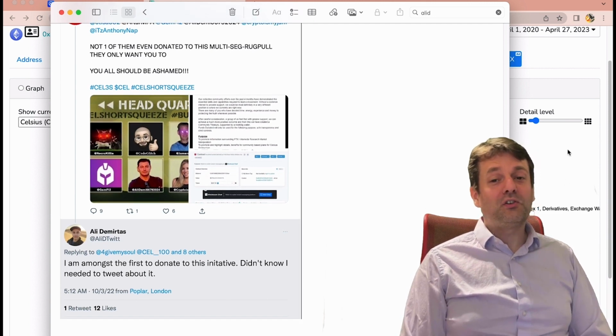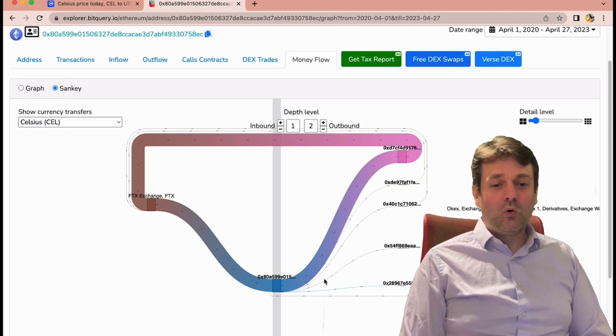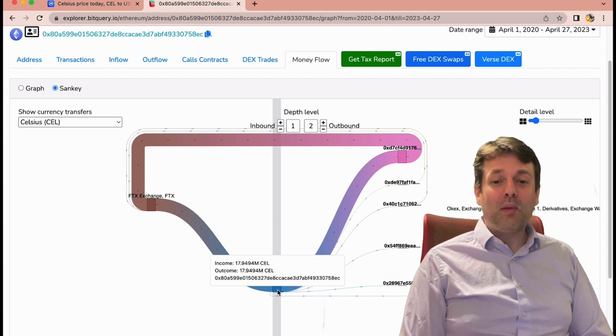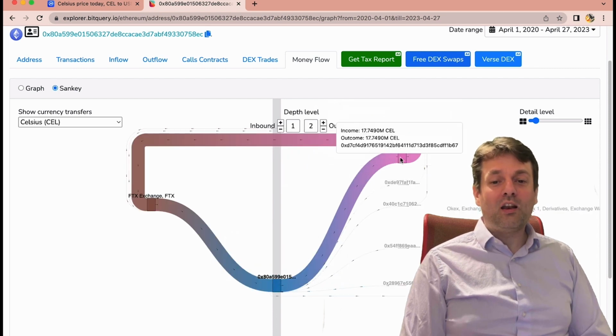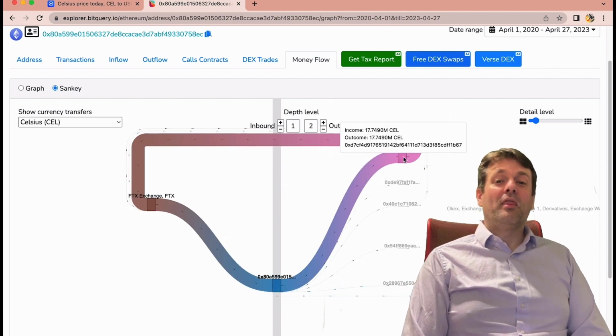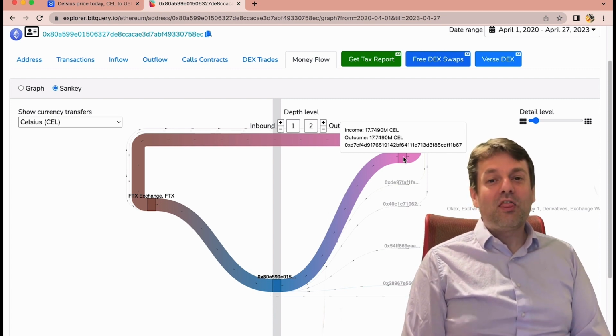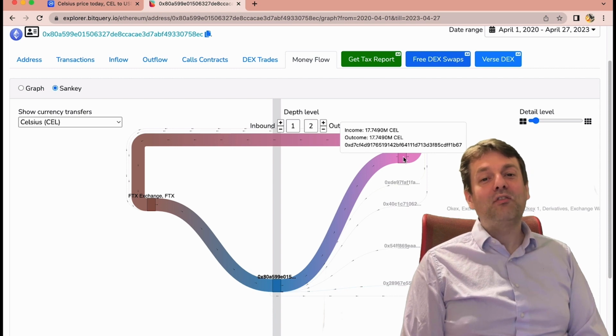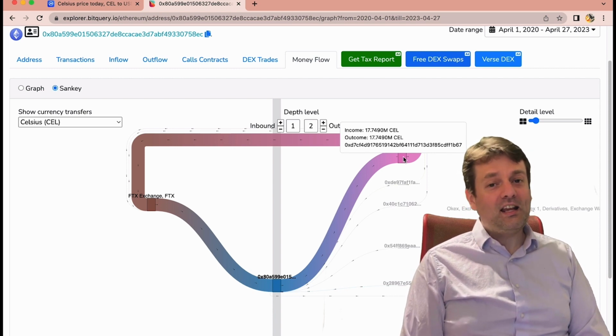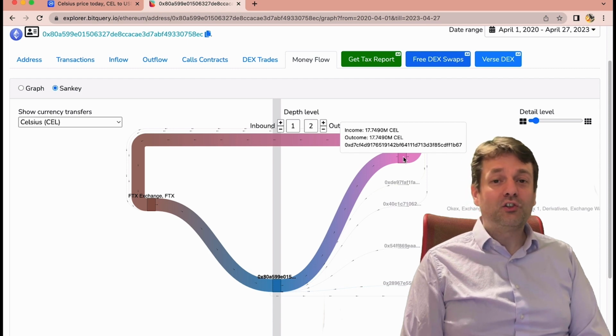So the first to donate to this initiative was this 0x80 wallet, which made all the deposits to Wallet F. So that suggests with a high degree of likelihood that Wallet F is the FTX deposit address of one Ali D, member of the Short Squeeze.